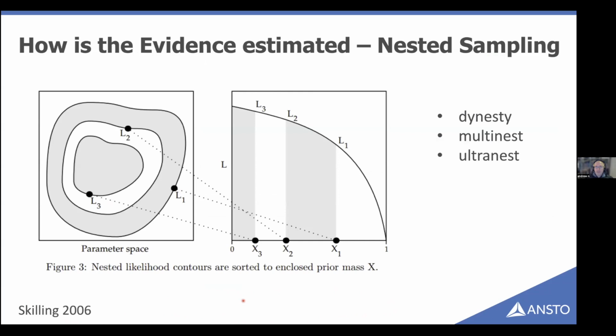So how do we go about estimating this evidence? We can use something called nested sampling. This nested sampling approach was first suggested by somebody called Skilling. There are a variety of Python packages available to do this. Some of them are listed on the right-hand side here: Dynesty, MultiNest, UltraNest. There are others.